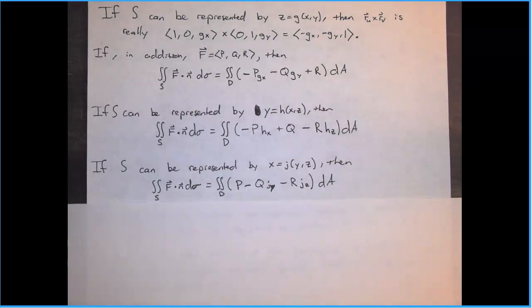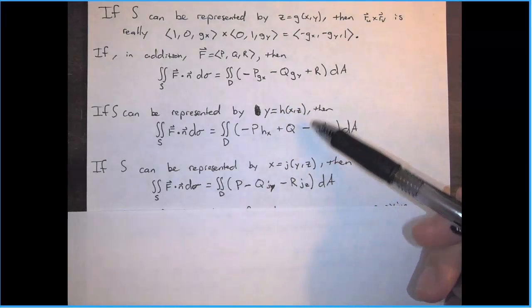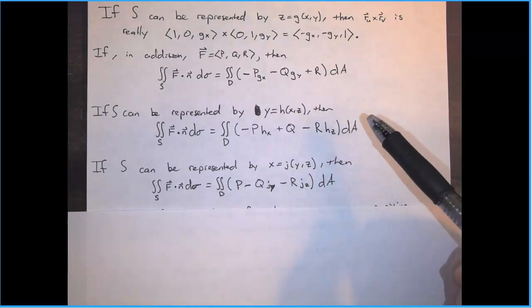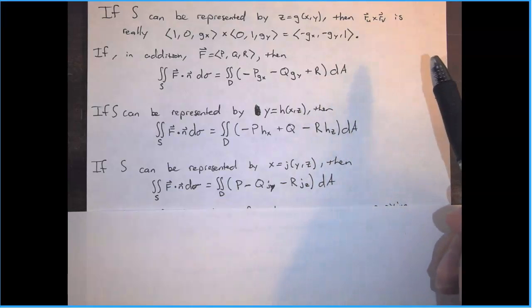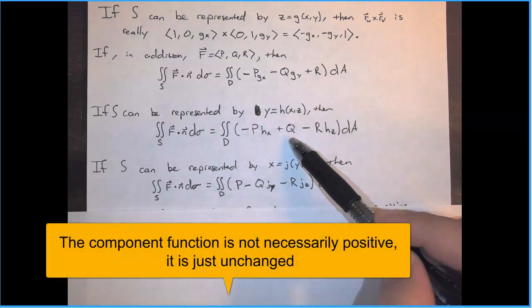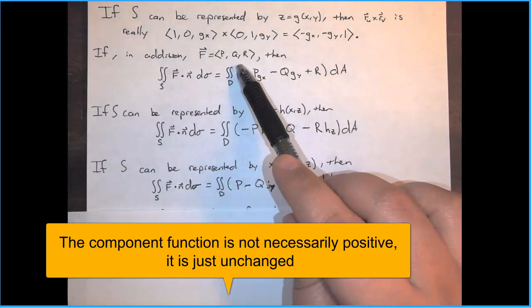We can also write this for surfaces where we can solve the equation for the surface for y, or we can solve for x. So if we solve for y, our surface can be represented as a function of x and z. If we solve for x, our surface can be represented as a function of y and z. So the key thing to notice is that whichever variable you solve for, the corresponding component function is positive and by itself, the same as in the vector field.